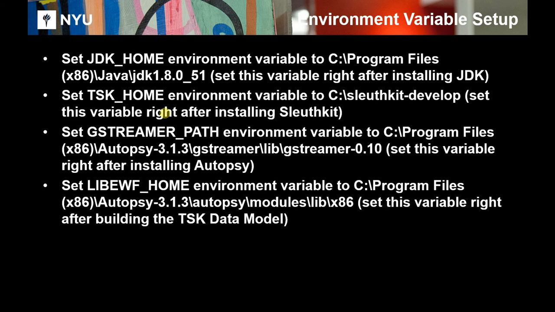Alright, so now you're ready to set up the environment. In order to build or run the software, you need to set up 3 environment variables. They are JDK_HOME, TSK_HOME, GSTREAMER_PATH, and LIBEWF_HOME. So you need to set these environment variables before you can do any build.